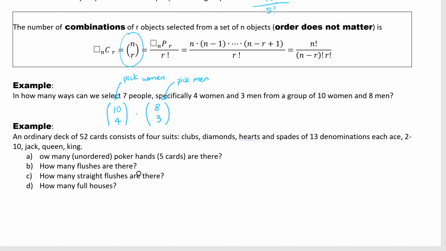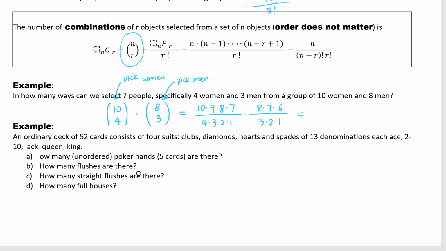So how do we calculate? 10 choose 4 is, we start with 10 and then we count down 9, 8, 7 over 4 factorial, so 4, 3, 2, 1. This is 10 choose 4. 8 choose 3: 8, count down 3 numbers, 8, 7, 6 over 3 factorial, so 3, 2, 1. Okay, plug this in our calculator.